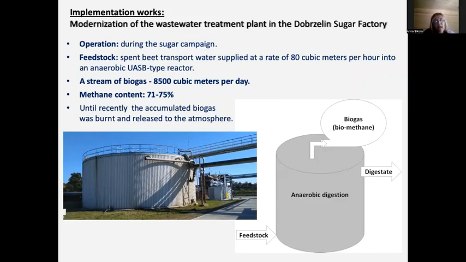Our hypothesis is that the substrate may first of all change the metabolic activity of the methanogens, rather than the composition of the microbial community. This requires confirmation using metatranscriptomic analysis. And these results were published in Biotechnology for Biofuels.